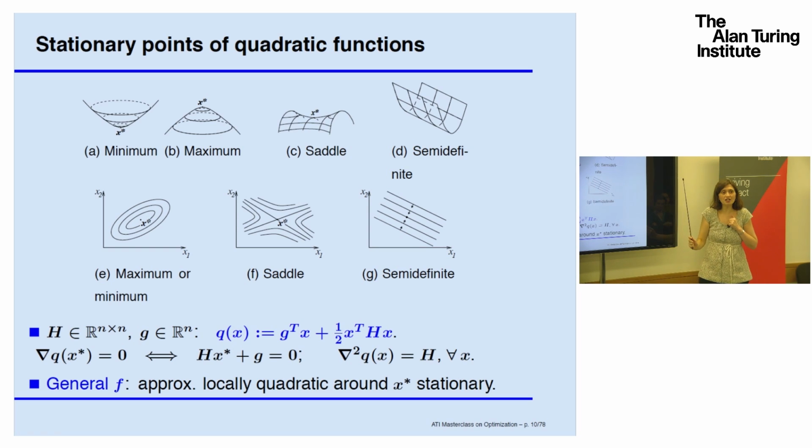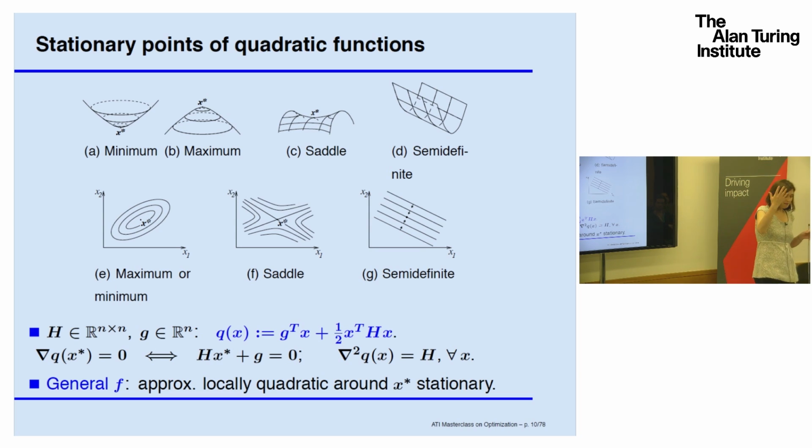And then you have the degenerate cases of 0 eigenvalues where you can have a line of minimizers or maximizers. And then you have to be a bit careful with solving this system, because then you will not have a unique solution anymore. But assuming you have consistency, then you have this line of minimizers.